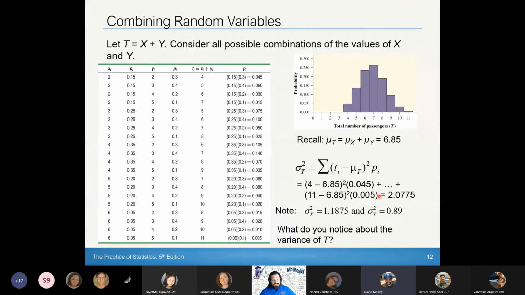So, knowing that these are independent random variables and that I'm adding them up, I can determine the variance simply by adding the variances of those independent random variables. Save some time. I don't have to do this calculation unless I really want to.